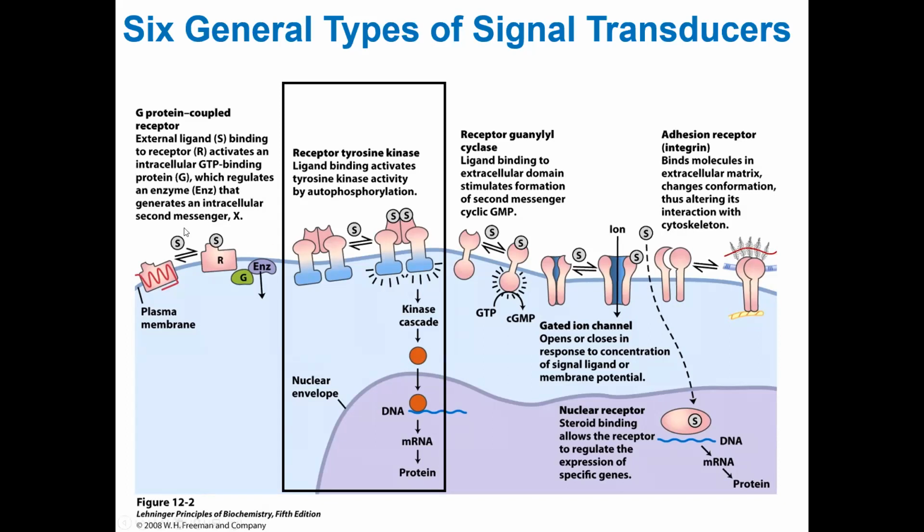Okay, so in the extreme left, you are seeing these G protein coupled receptors, right? You can see that there is a receptor here embedded in the plasma membrane, right? And when signal binds to the outside, the extracellular domain of the receptor, what will happen is that the receptor gets activated.